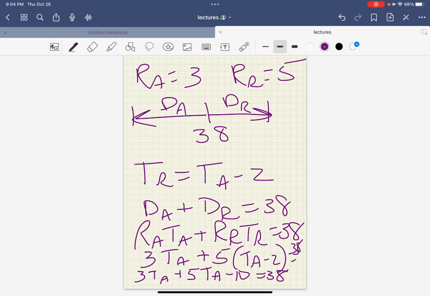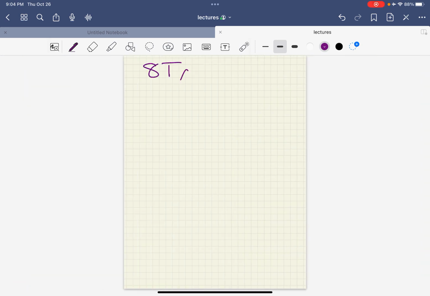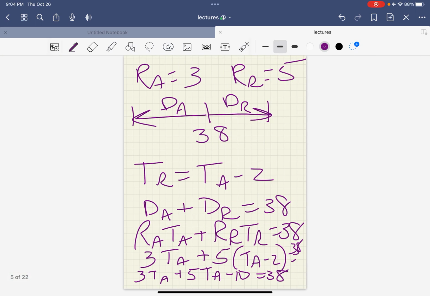So that'll be 8TA minus 10 equals 38. Is that right? Did I do that right? 8TA minus 10, so we're going to add 10. Well, that's 38, right?